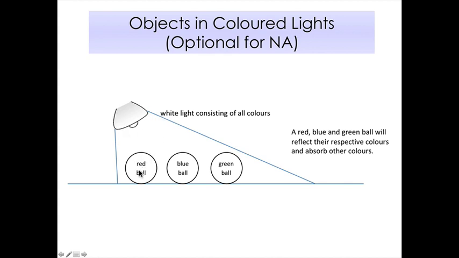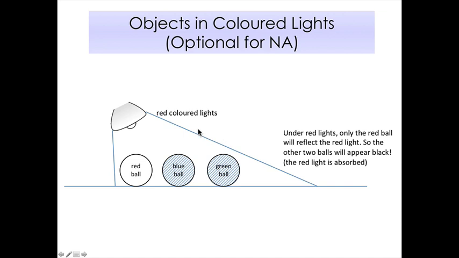So when I see it, I see only red. Therefore, I can tell this is a red ball. If it's a blue ball, it absorbs all other colors but reflects only blue light, so I see only blue. Similarly for green. Each reflects its respective color and absorbs all other colors.